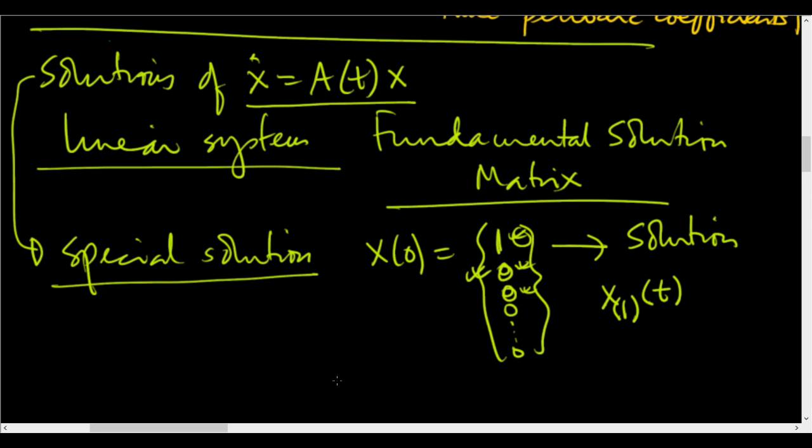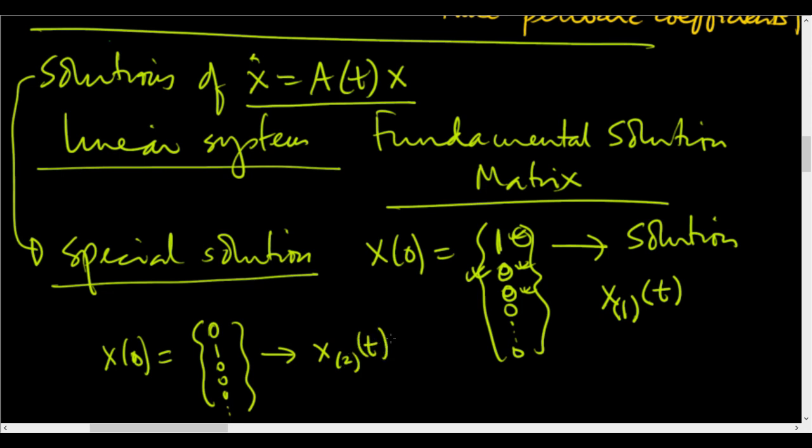Okay. Similarly, if I take the initial condition x of 0 is equal to 0 1 0 0 0, let that give me the solution x sub 2 of t. Okay, so when I put t is equal to 0 over here, then I will get this vector.